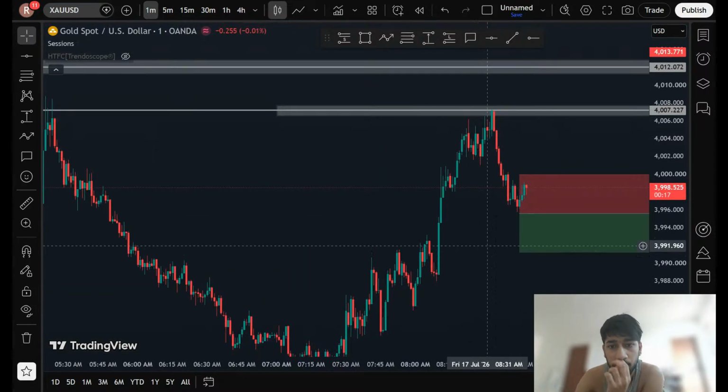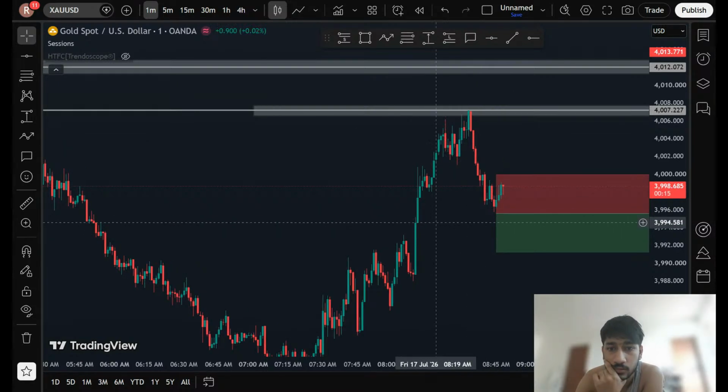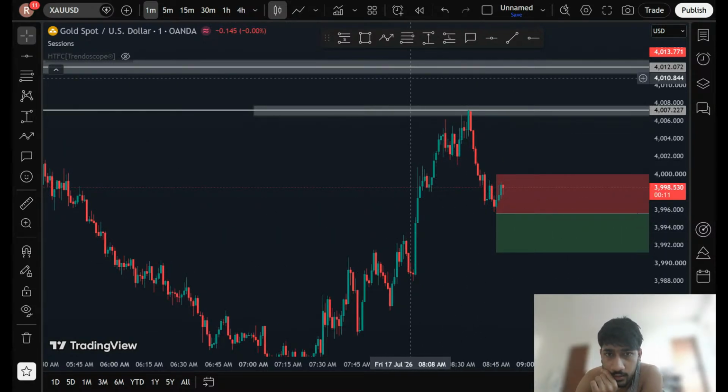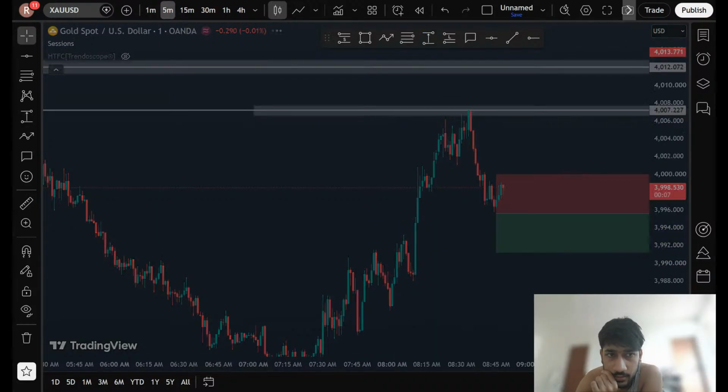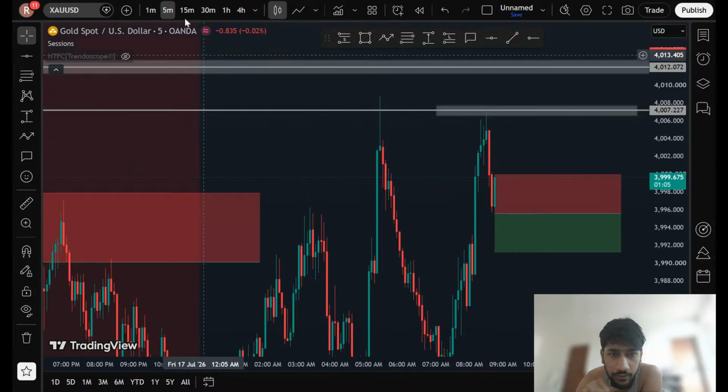Because on 1 minute with all ranges, right? Clean candles, see? Clean candles. This is what we target. This is what we expect in every trade to have.